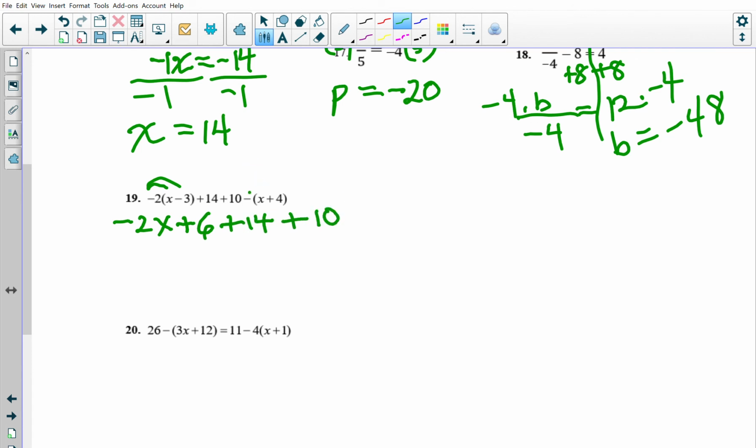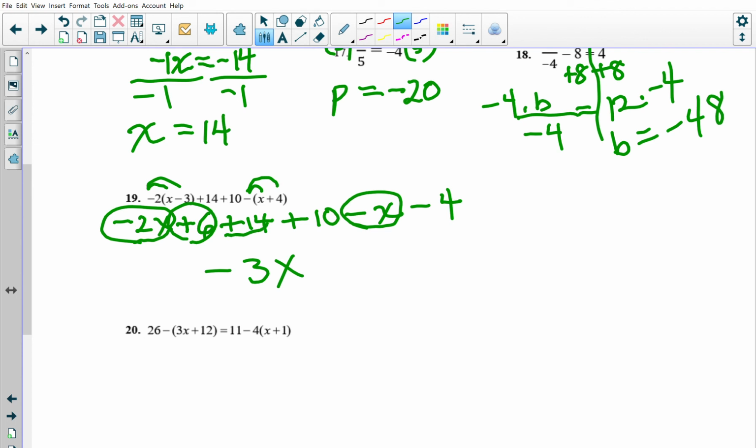And I'm distributing this negative sign, or negative 1, making that a negative x and a negative 4. And I'll combine the variable amounts, so negative 2x minus an x is negative 3x. And then 6 plus 14 is 20, plus 10 is 30, minus 4 is 26.